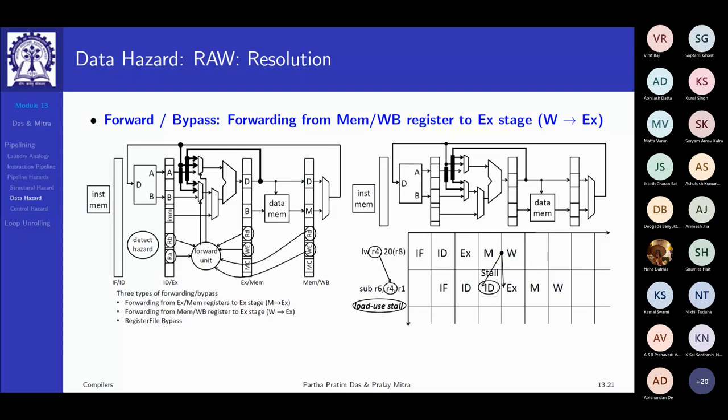If we did not have forwarding, it would have required stalling even in the next cycle, because it could have got the value only after write back has happened. You would have got 3 stalls coming in. So this kind of forwarding can reduce that. These are hardware features which also help you reduce the data hazard.